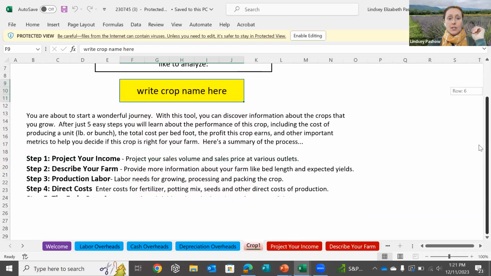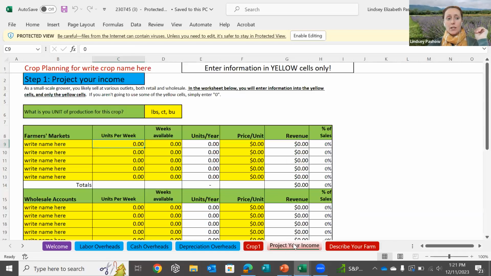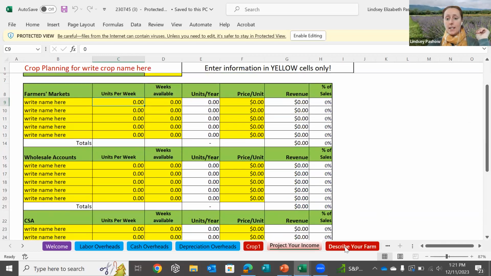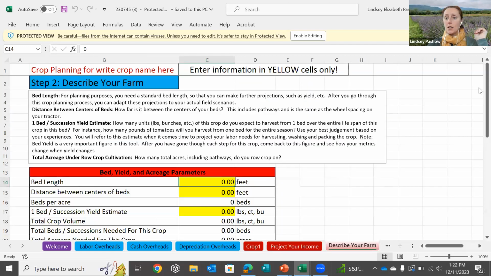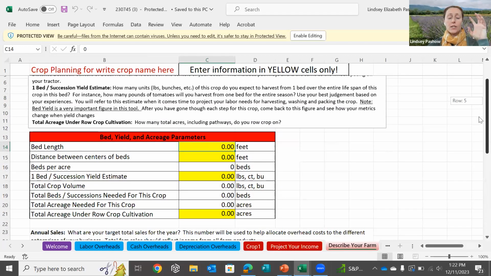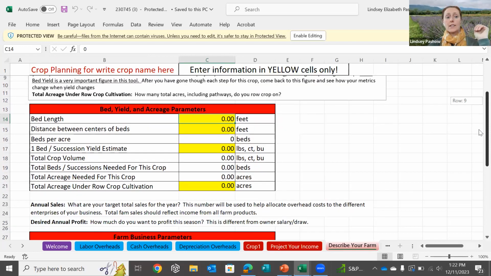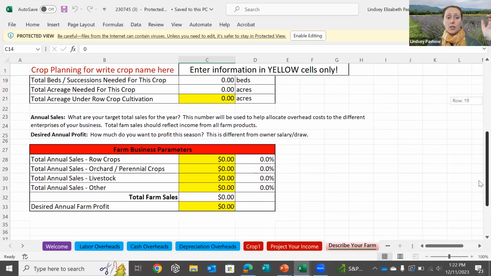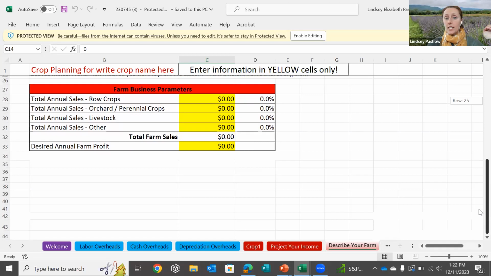And then you've got a main page for your information on your product, your income for the different places that you might be selling, and a section for describing your farm. This is an actual vegetable crop production one. So it has your bed length, your total crop volumes, your annual sales parameters.